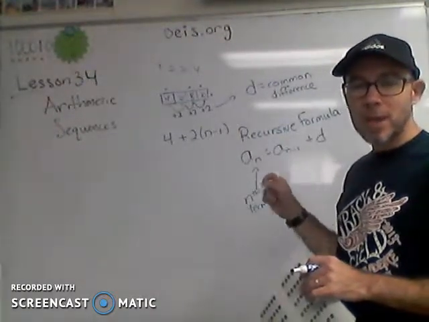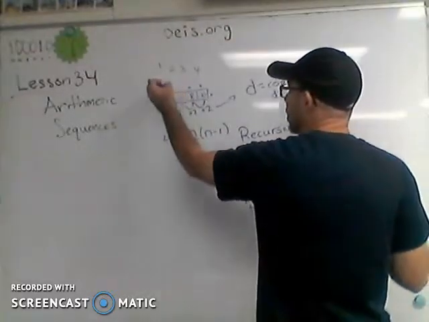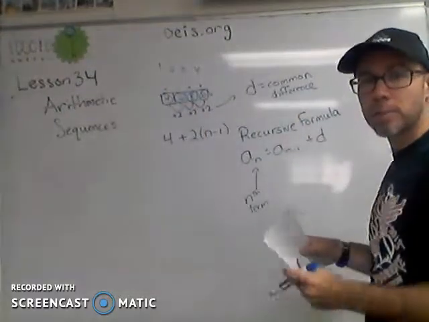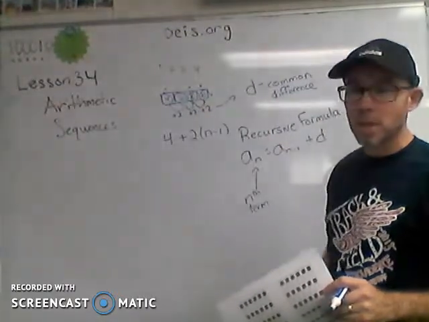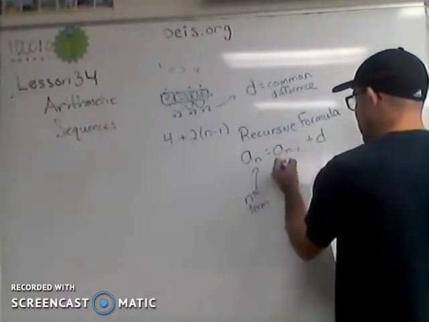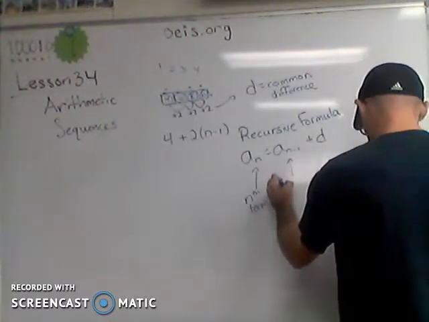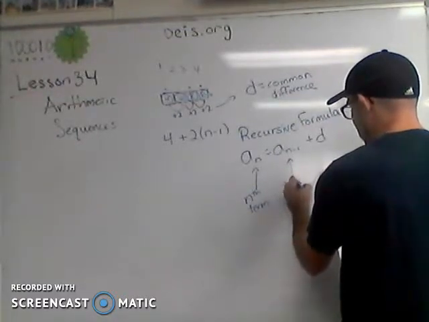It's just a way of naming that particular term. In our sequence up here, 4, 6, 8, and 10 were all terms. 4 was the first term, 6 the second term, 8 the third term, 10 the fourth term. So this one represents the one that comes right before that term. We'll call it the previous term.